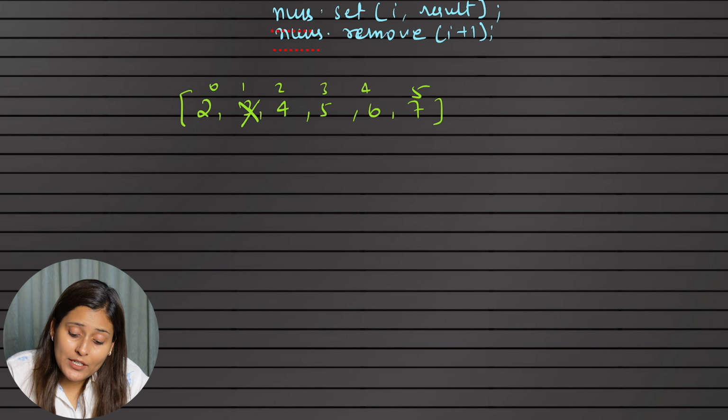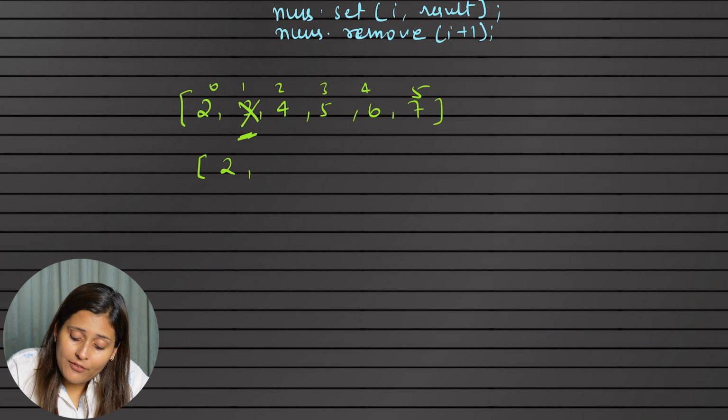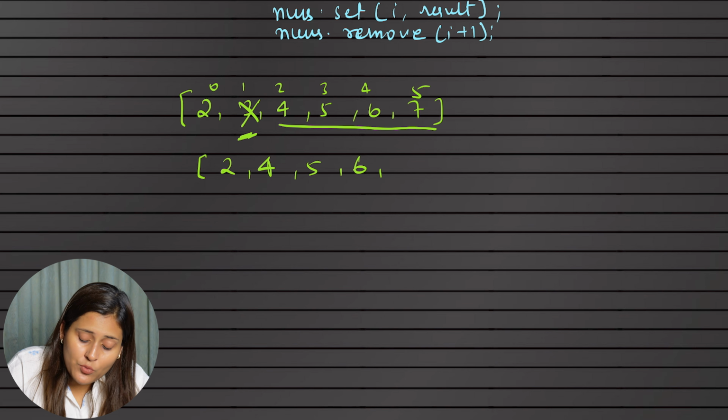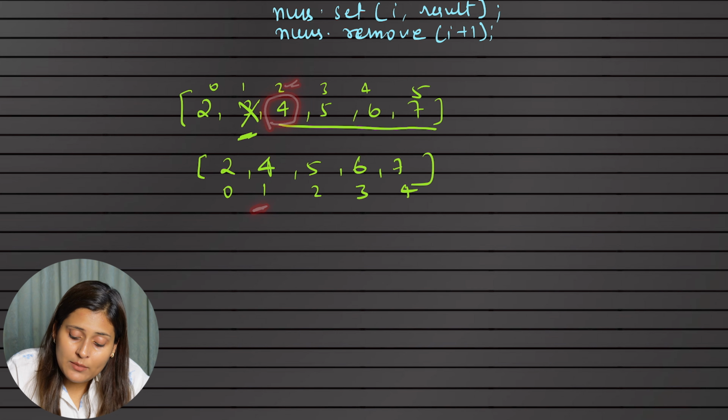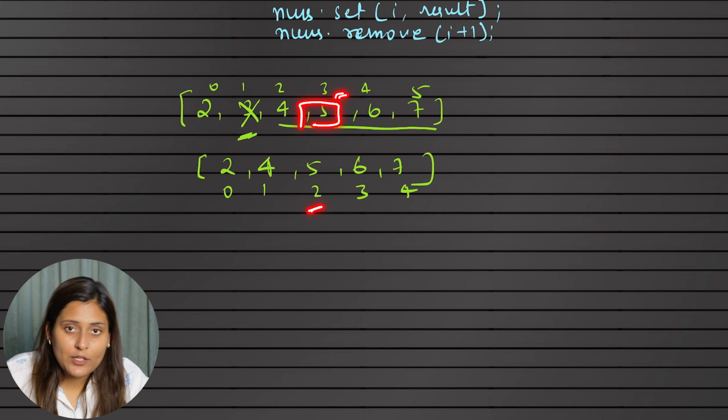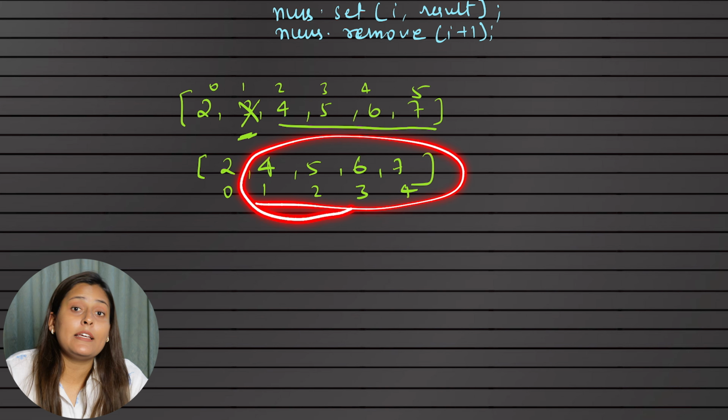You are thinking it will take only O of 1 time complexity, but no, when you remove this, whatever is after it will push themselves towards the left side and be arranged with the new indexes. As you can see, earlier the 4th index was 2 but now it's 1. Similarly the 5th index was 3 but now it's 2, and so on. So this also takes internally O of n.